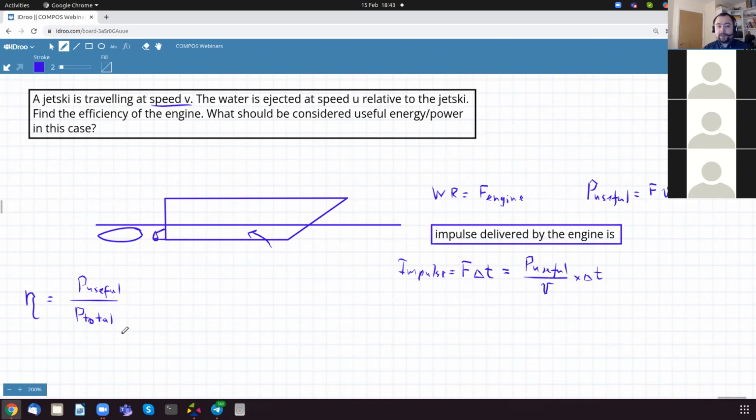The useful power is actually the power that propels the ship forward, but the engine also throws a lot of water from the back, which has lots of kinetic energy, which is not that useful. And that's what we mean by efficiency. Efficiency is how much of the kinetic energy is actually wasted.